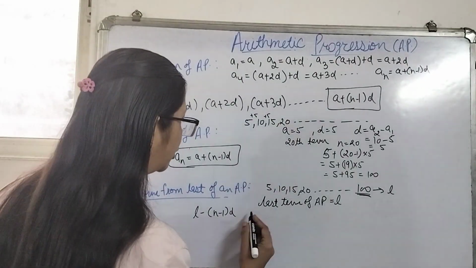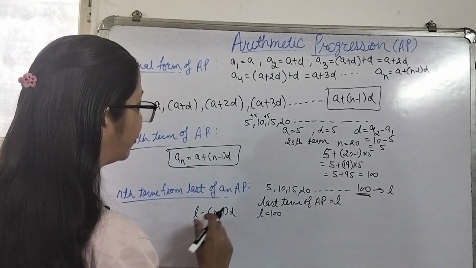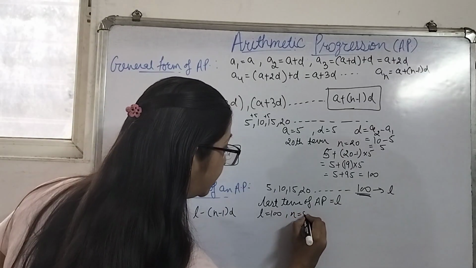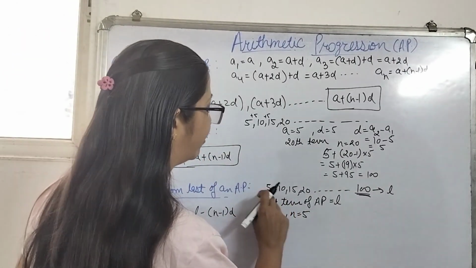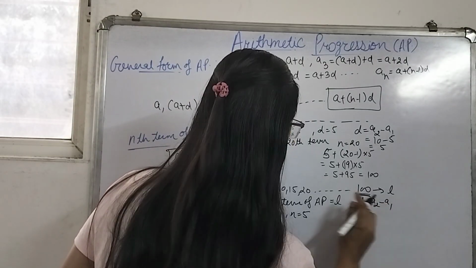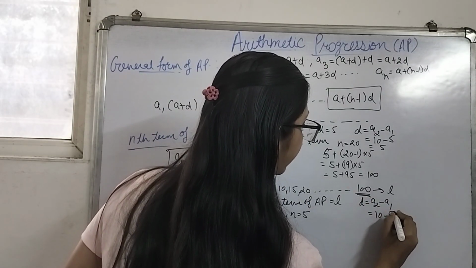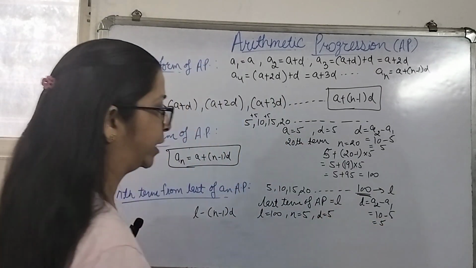So here the value of l is 100 because l is the last term. The value of n, because we have to find the 5th term, is 5. And here we can see the value of d is a2 minus a1, that is 10 minus 5. The value of d is 5.